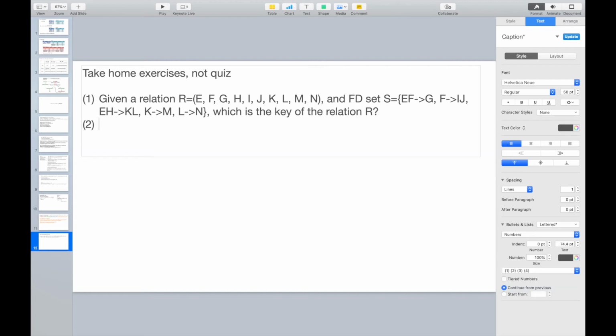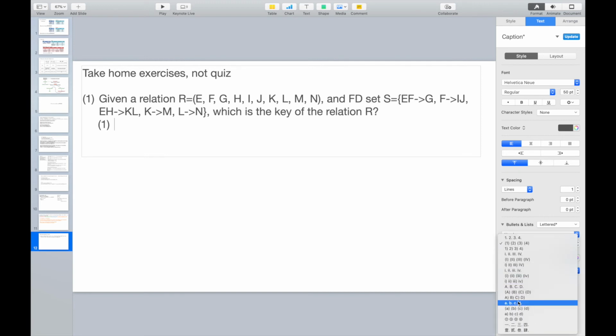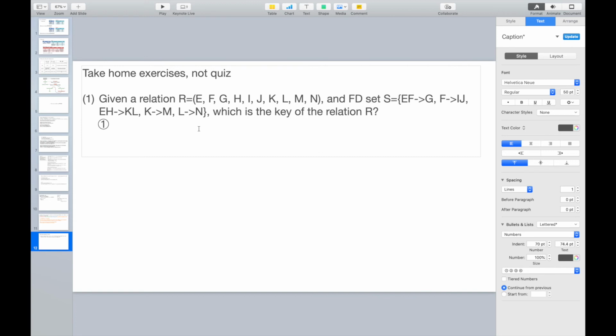We have different options for you. The first option is EF. The second one is EFH. The third one is EFHKL, and the last one is E.